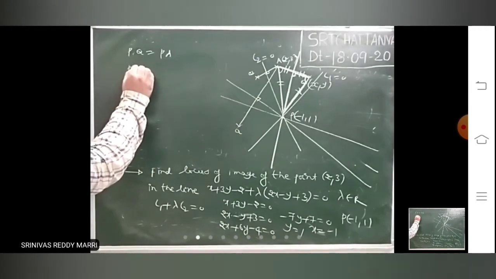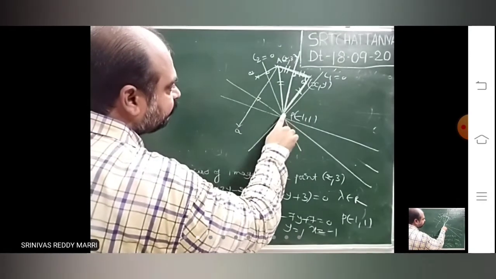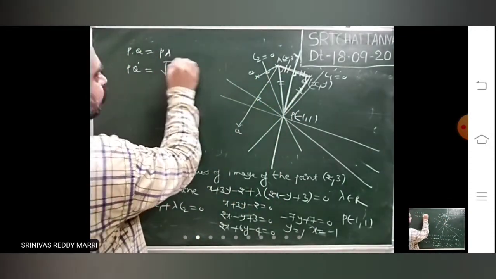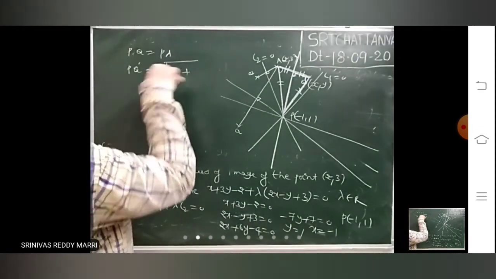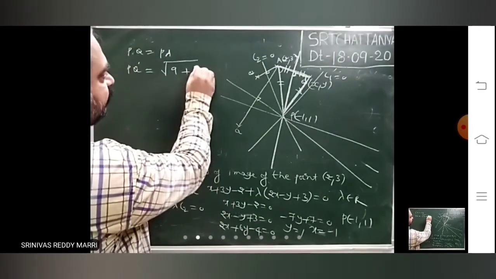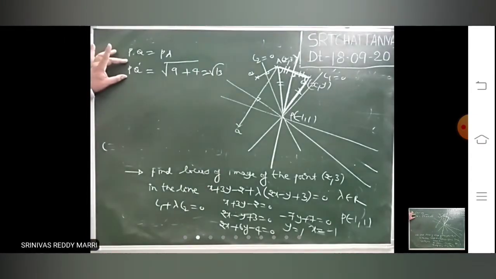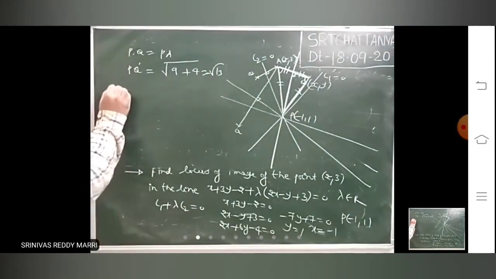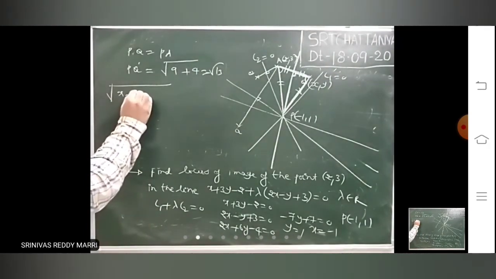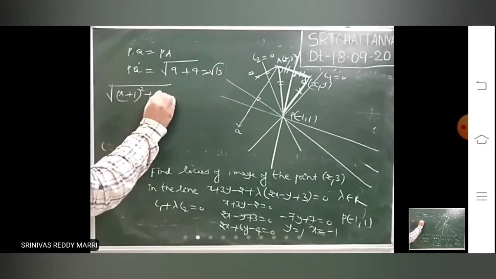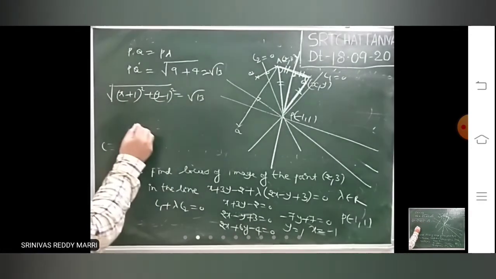That means I am squaring. Look at PQ, which is nothing but the distance from this to this: root of 2 plus 1 whole square plus 3 minus 1 whole square, root 13. So Q moves such that PQ equals root 13. That means root of (x plus 1) whole square plus (y minus 1) whole square equals root 13.